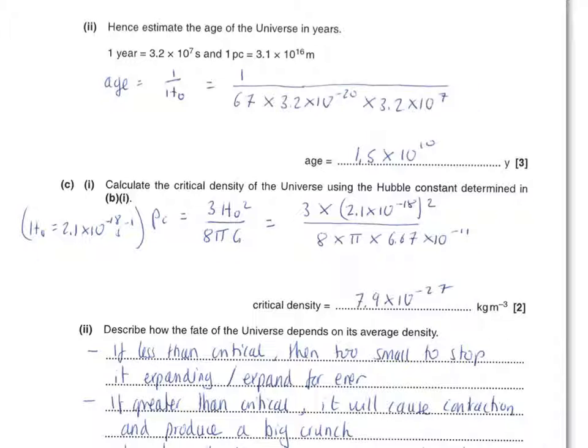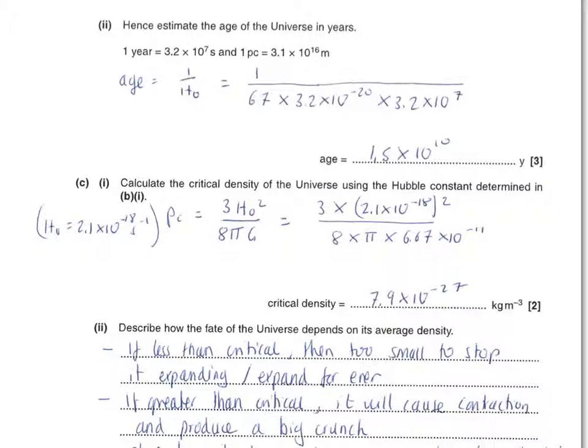Next, we're asked to calculate the critical density of the universe using the Hubble constant we have already found. So the Hubble constant that we are using is 2.1 times 10 to the minus 18 per second.